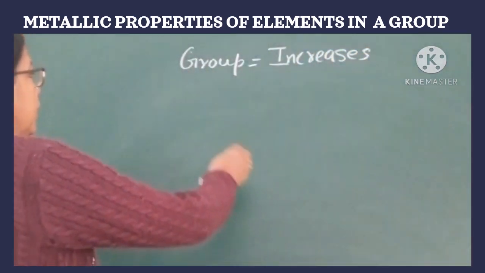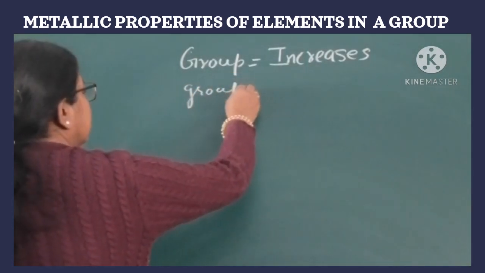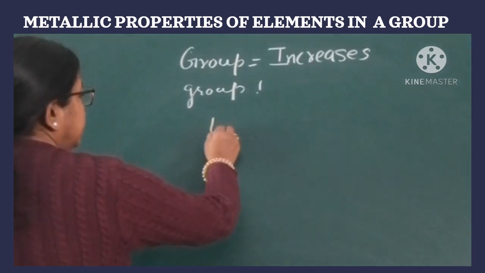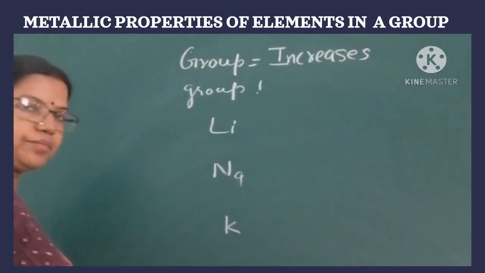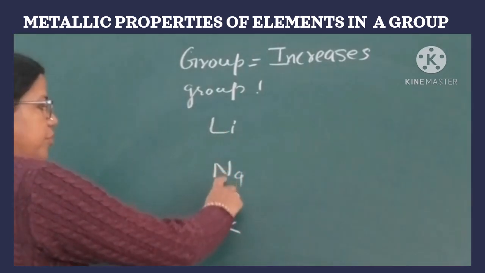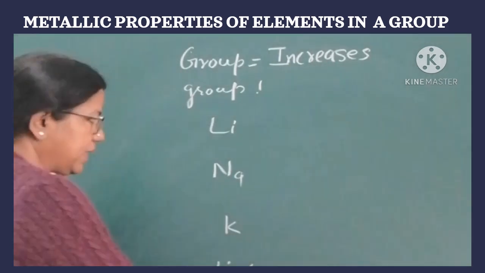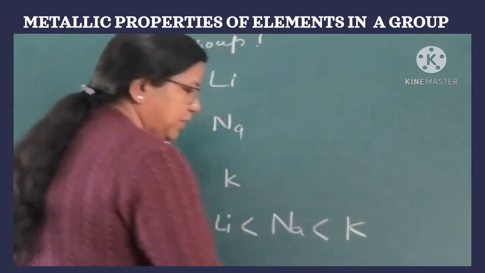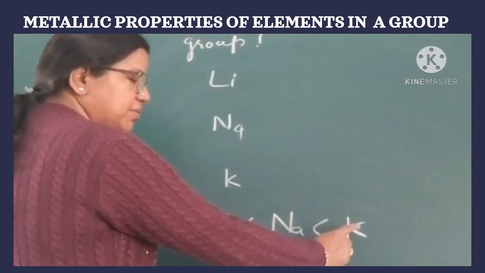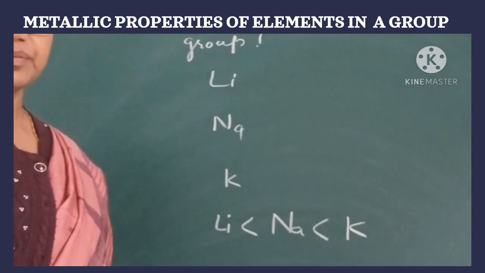For example, if you take the elements of group 1, lithium, sodium, potassium, on moving from top to bottom, lithium is less metallic or less reactive than sodium. Sodium is less than potassium. That means potassium is highly metallic in nature, and lithium is the least reactive.